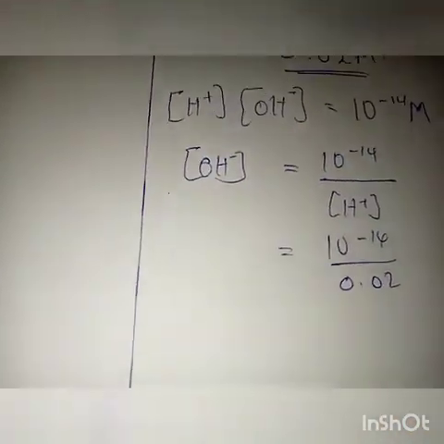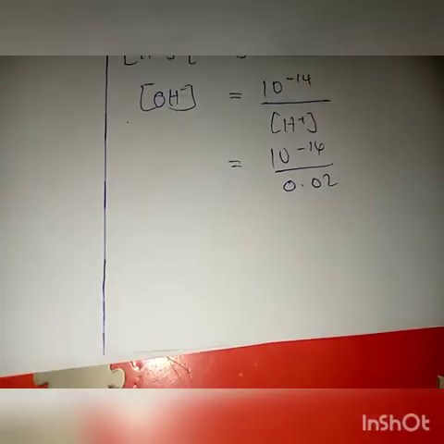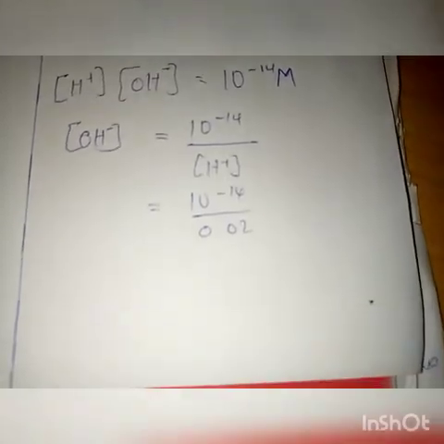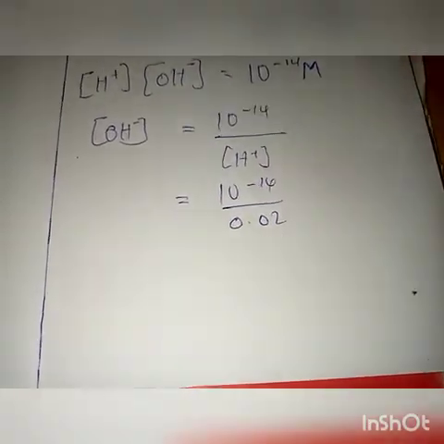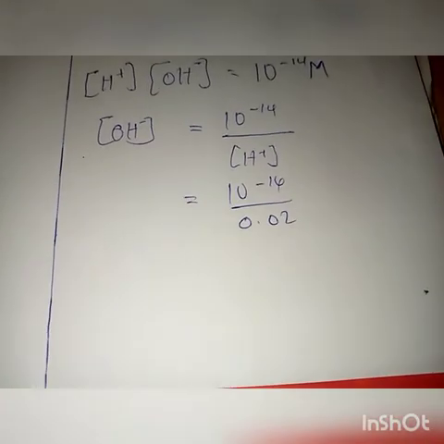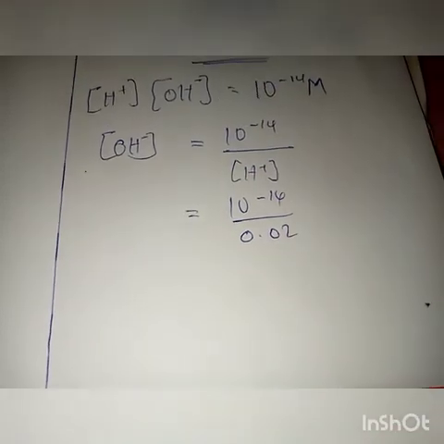So you solve for that, you get your hydroxide ion concentration, and from there you use the methods we used to get our pH and pOH, by using negative log to base 10 of hydrogen ion concentration or hydroxide ion concentration respectively.